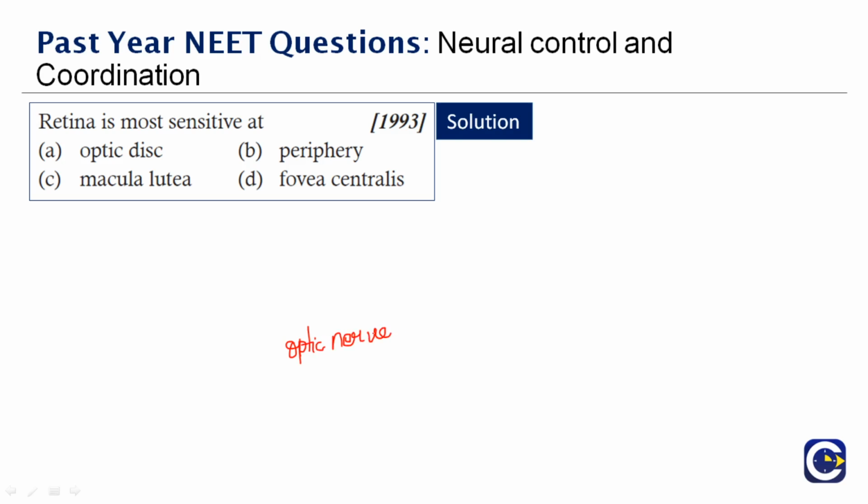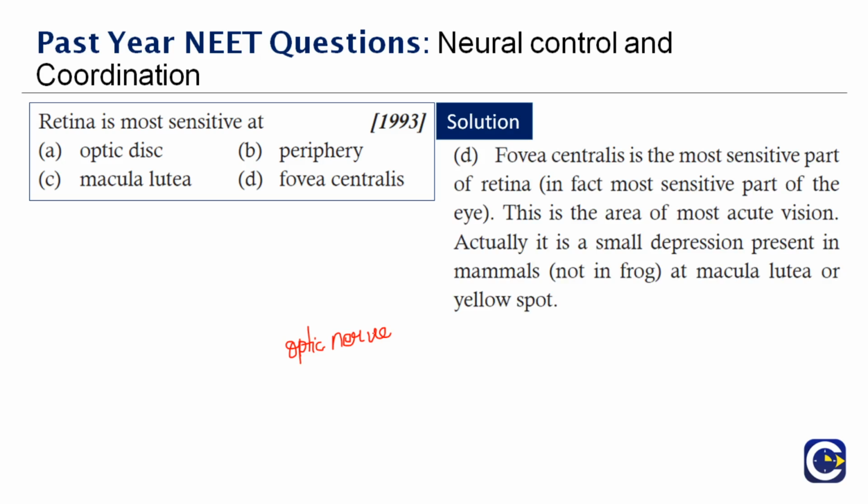The purpose of the retina is to receive light that the lens has focused, convert the light into neural signals, and send signals on to the brain for visual recognition. So the retina is most sensitive at the fovea centralis. Fovea centralis is the most sensitive part of the retina. This is the area of the most acute vision. Actually, it is a small depression present in mammals at the macula lutea or yellow spot. Therefore the right answer to this question is option D.